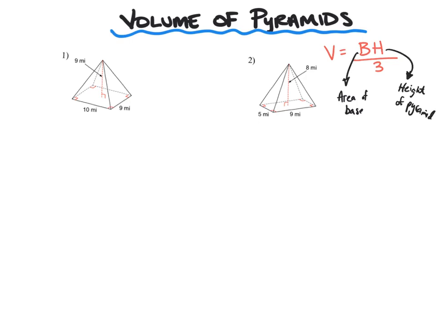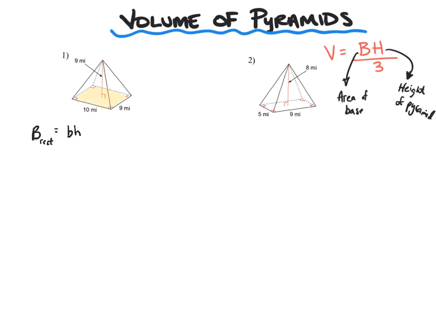All right, so first example. Let's go ahead and shade in the base. So I'll shade in my base, and now I know that my base is a rectangle. To find the area of a rectangle, I'll do the little base times the little height of that rectangle.